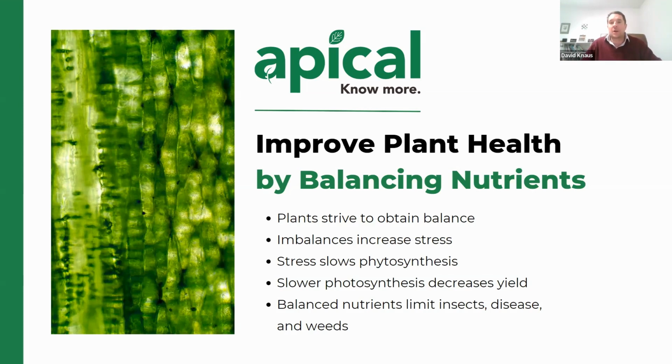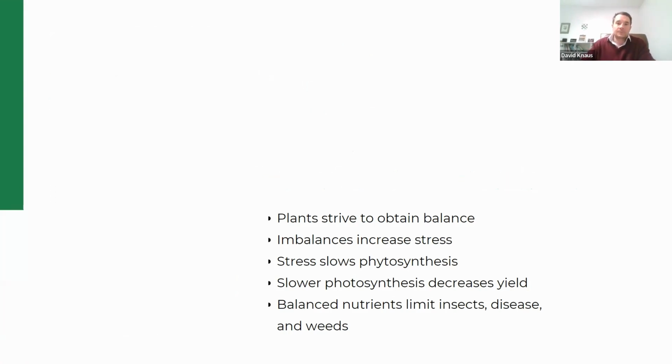If we incorporate a component of how we alleviate stress through fertilization, now all of a sudden the game changes. And that balanced nutrition, in a feeding program that you're able to develop from leaf analysis, will help to limit the longer term susceptibility to undesirable characteristics on your farm.